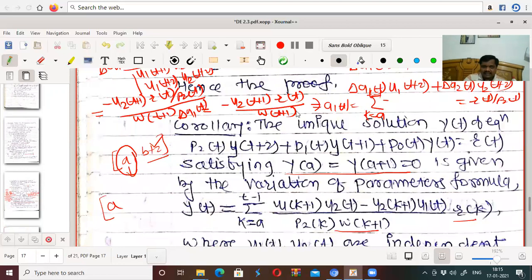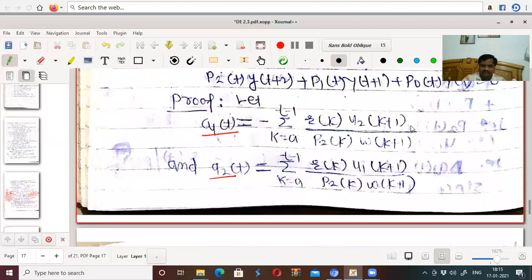Here t is replaced by k, and p2 is p2(k), and in definite form it becomes p2(k) w(k plus 1), which is a1.